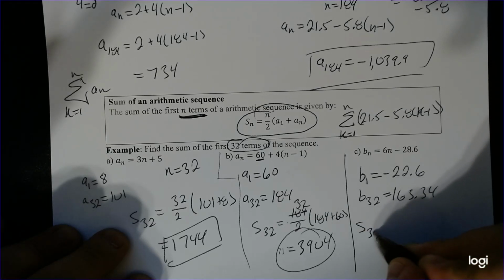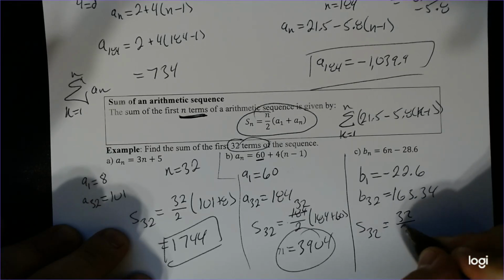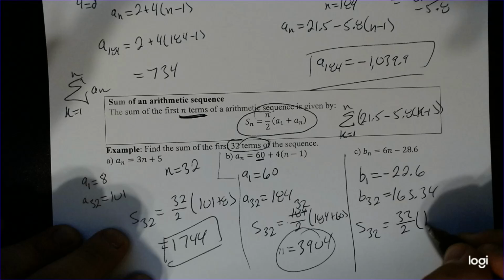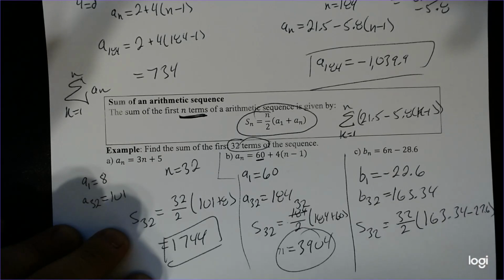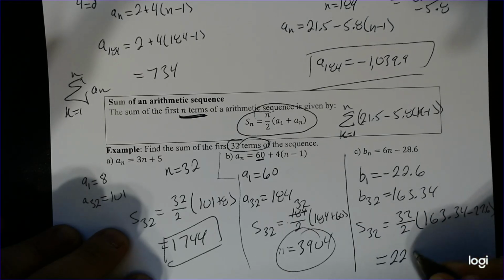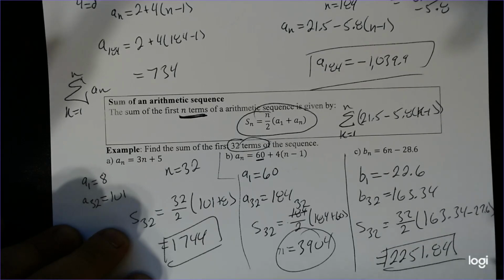So the sum would again be 32 over 2 times this sum. Oh, yeah. And there we go.